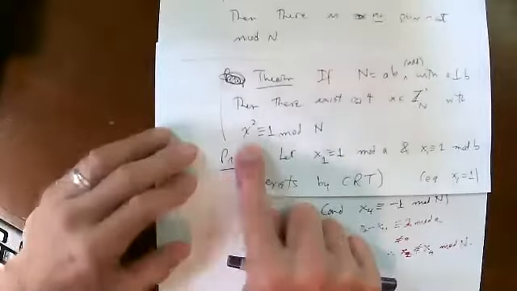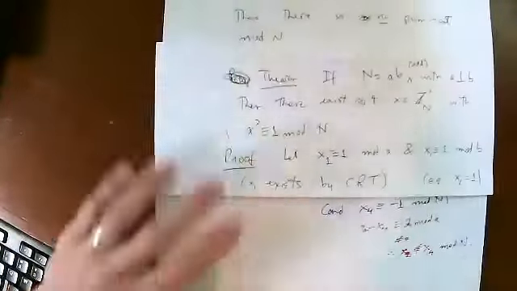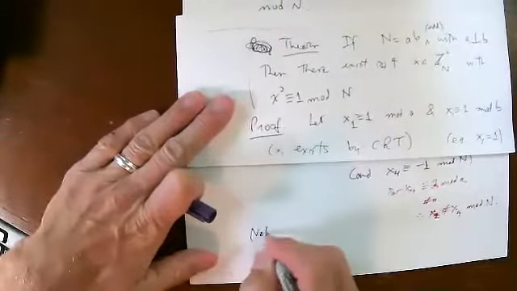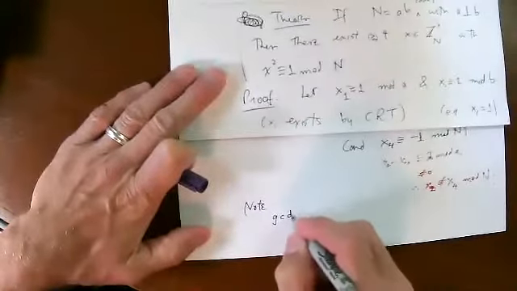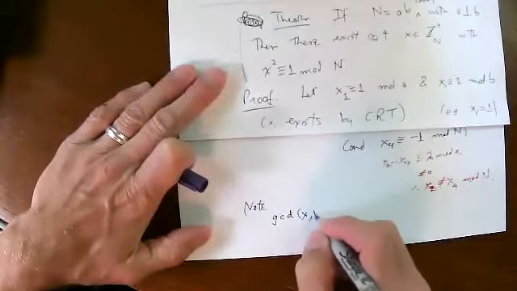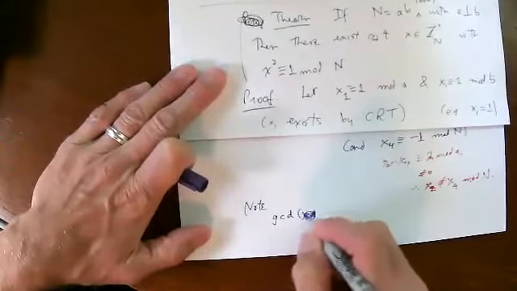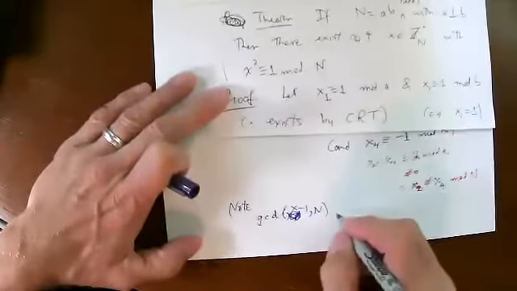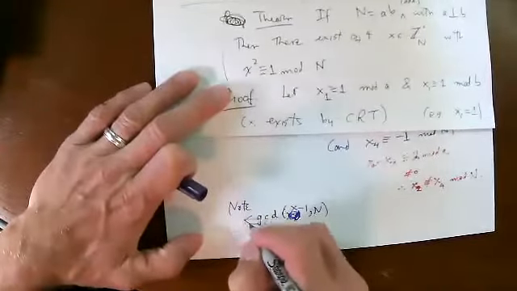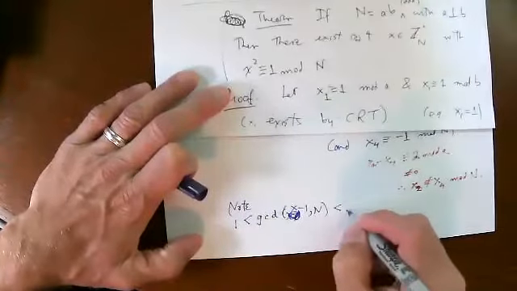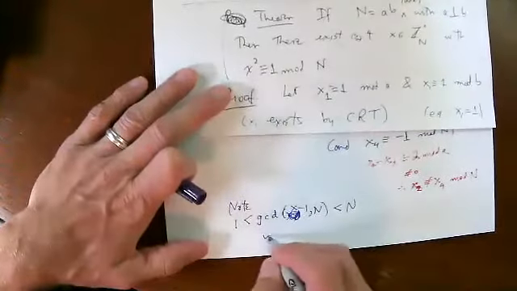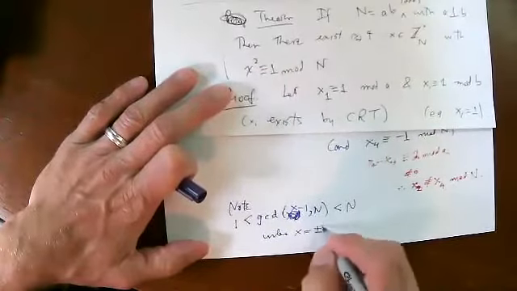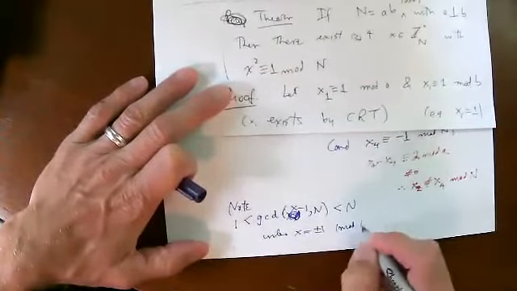But if you have another solution, then note here: if you look at the GCD of x minus 1 with n, then that would have to be some number that's bigger than 1 and smaller than n itself, unless x is equal to just plus or minus 1 mod n.